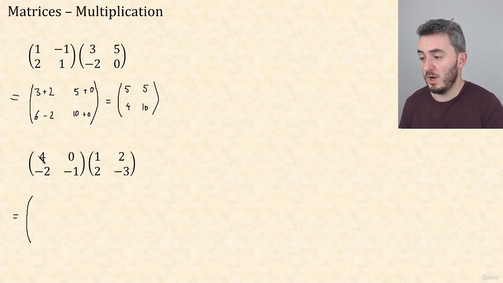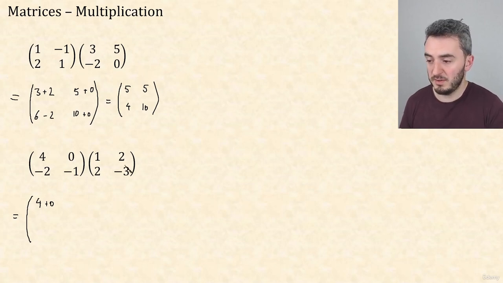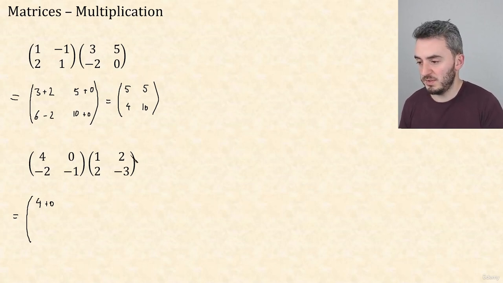So we're working across the top row first, left to right, and the left-hand column here. So 4 times 1 plus 0 times 2. Now I keep on the top row and I move over to the right-hand column. 4 times 2 plus 0 times negative 3.